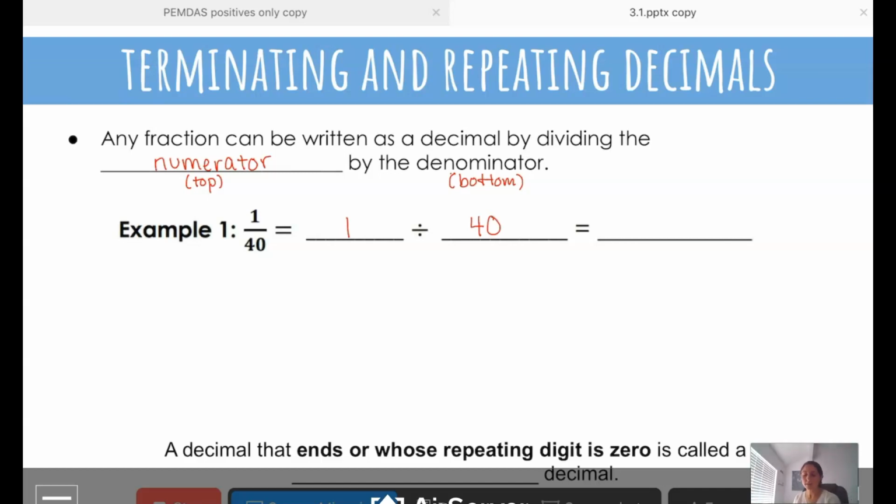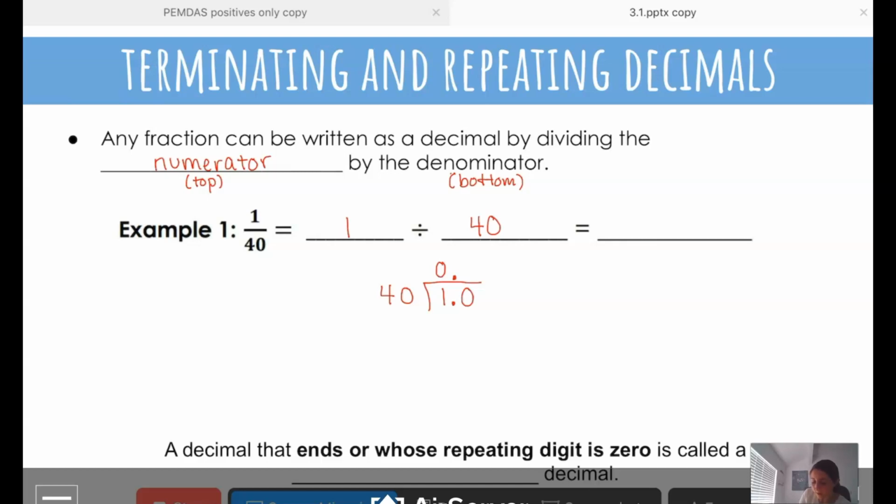And now we're going to have to do some long division to get our decimal answer. So we're going to do 1 divided by 40. Well, 40 goes into 1 0 times, so we need to put our 0. And now we're already going into our decimal, so we need to put our decimal in. And then we can annex a 0.